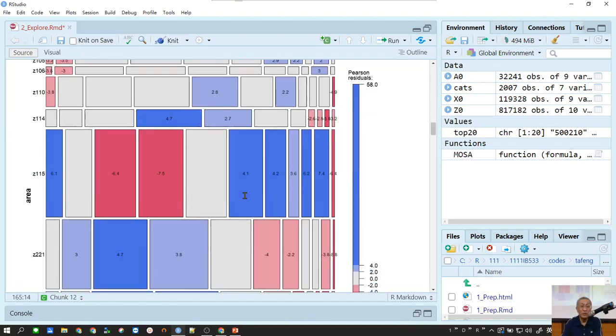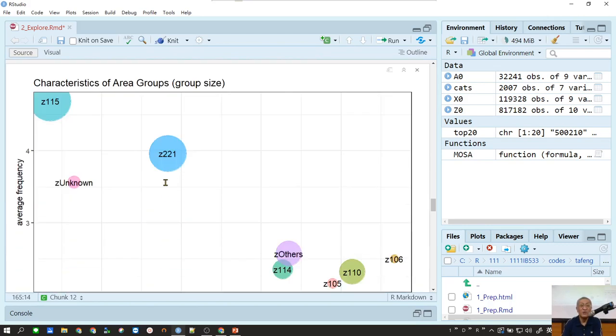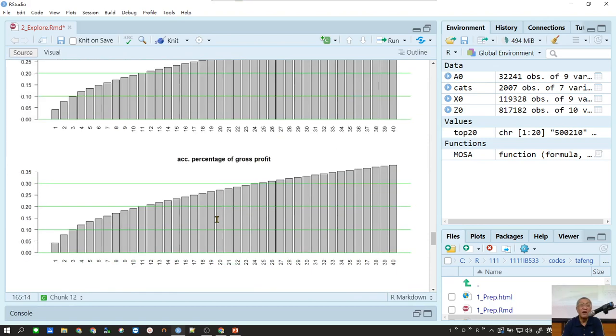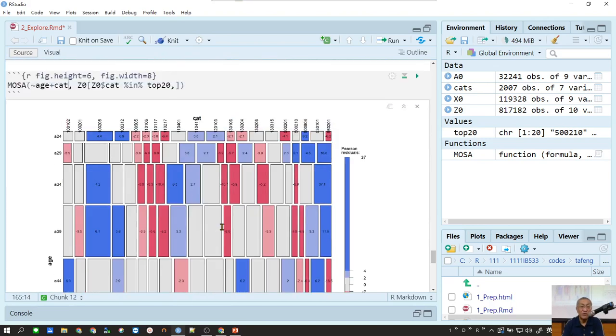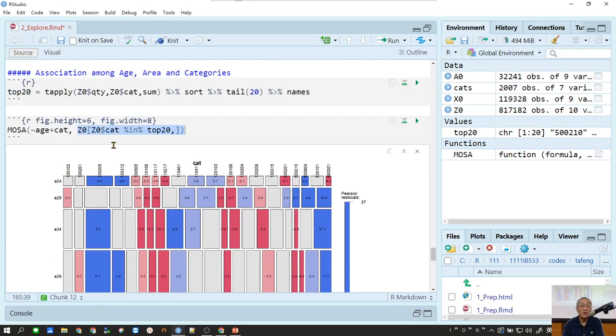So if you have like 2,000 product category shown in one graph, you will see nothing, right? So basically you need to do some filtering, right? That's why we filtered out the top 20 product category, right? And you do an indexing here. See that, right? And this mosaic function is already built for you, right?